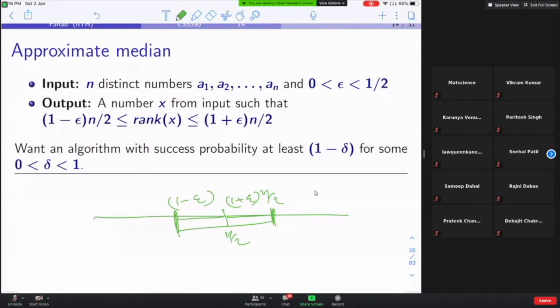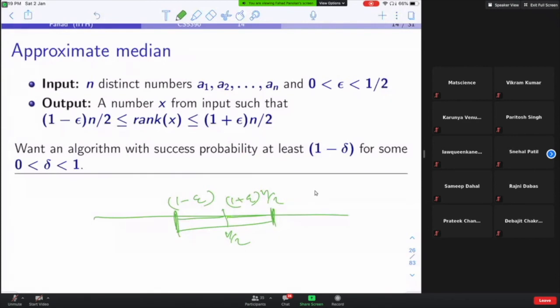So, sample a constant number of elements from the set A1 to An, where that constant is say 1000 or something. Then you pick the median of the sample.